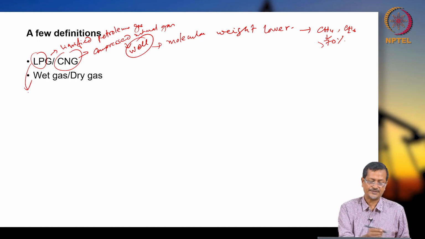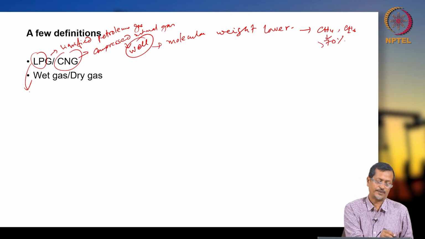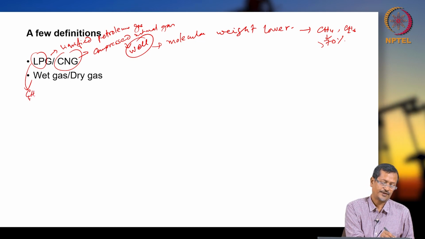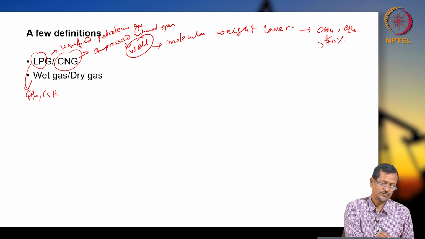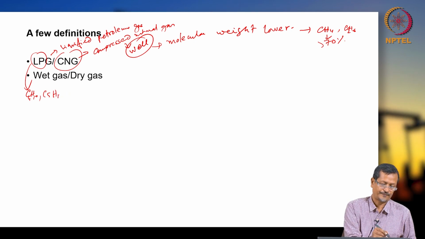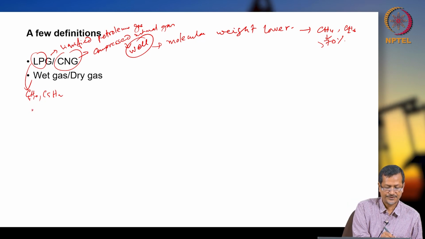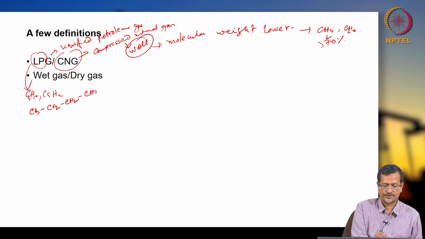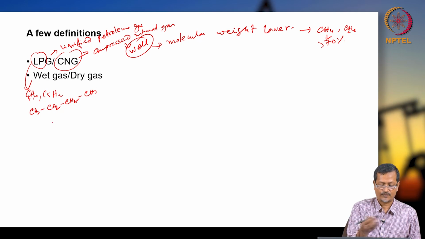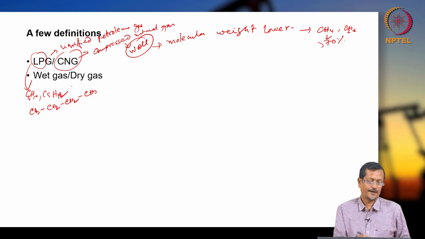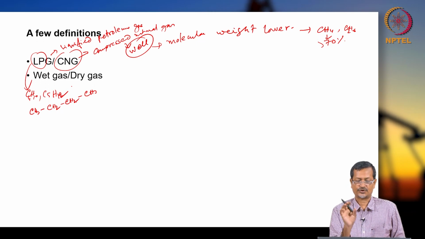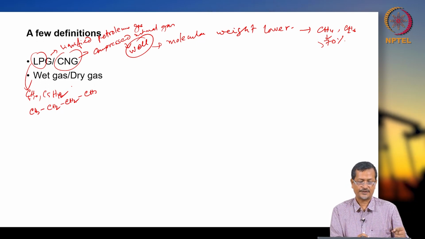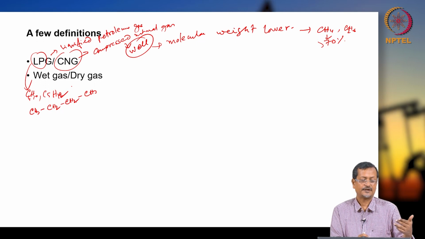But LPG has longer chain hydrocarbons like C4H10 or C5H12. The combination is like this: CH3, CH2, CH2, CH3. So 3 is 6, 7, 8, 9, 10. If I have one more, then it would be 12. So this is the difference. Short chain hydrocarbon is CNG. Long chain hydrocarbon is LPG.